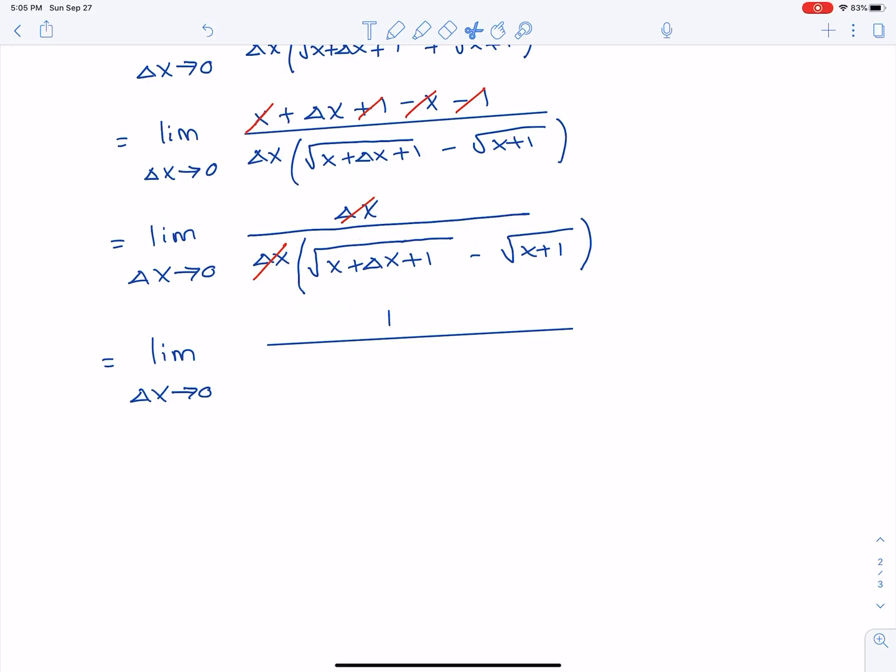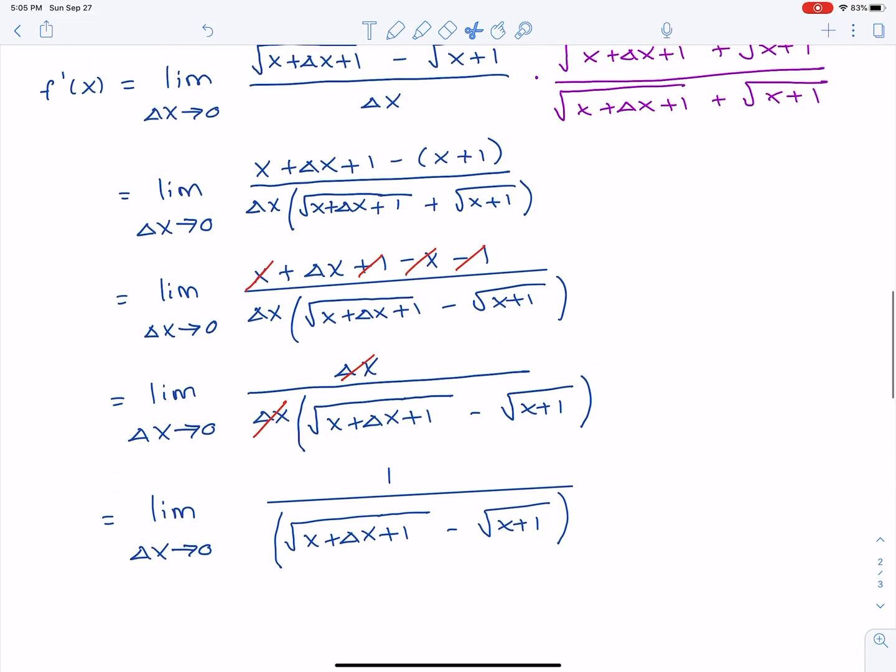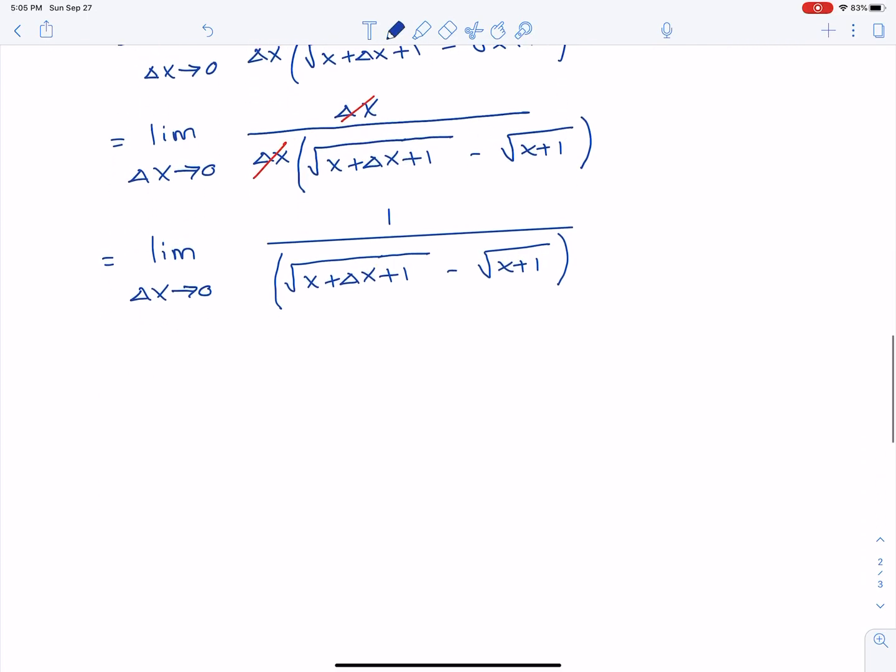So copy, paste, bam. Look at all these steps of algebra: algebra, algebra, algebra, algebra, algebra. Now, oh, some calculus. Fantastic.